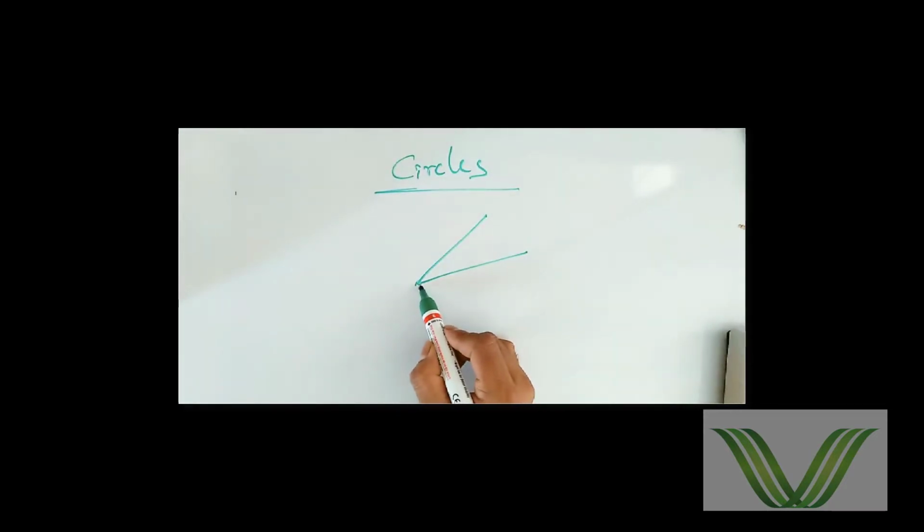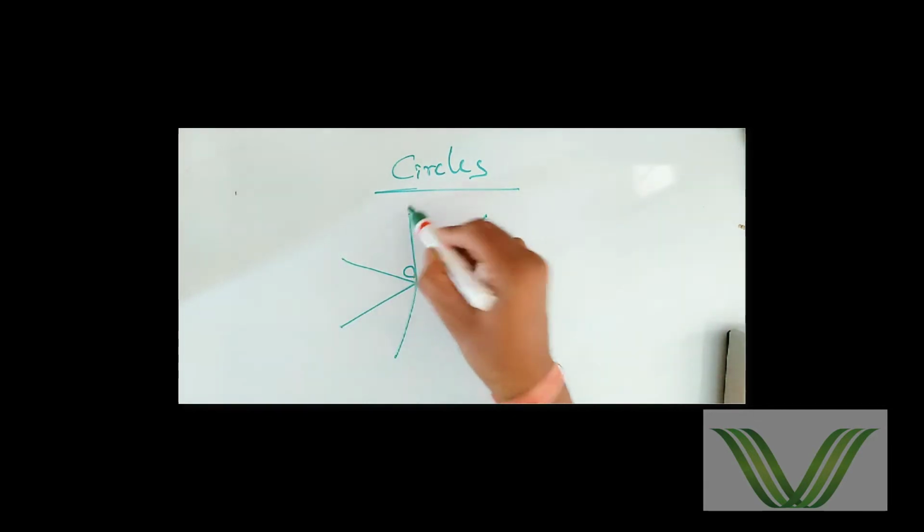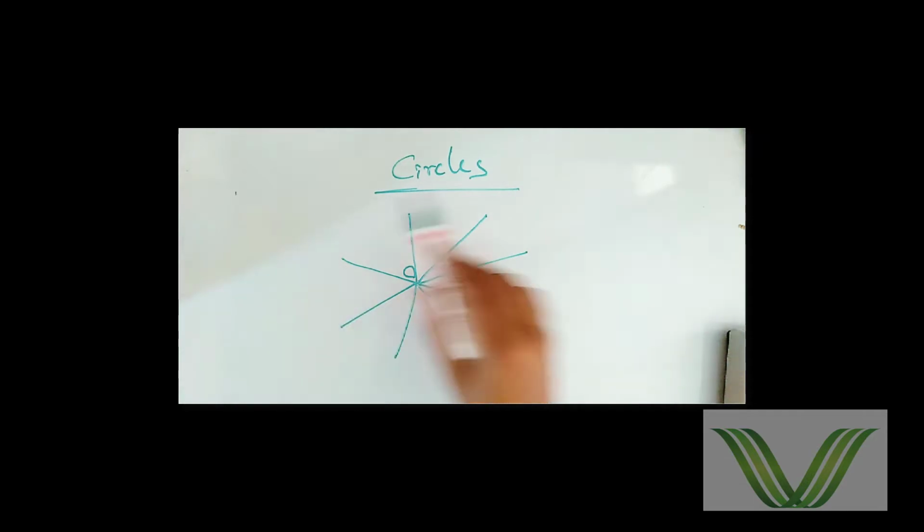And one more key point to keep in mind with respect to circles is the distance of any point from the center of a circle. So this is the center of a circle, I'll call it O. The distance will be the same irrespective of any direction.